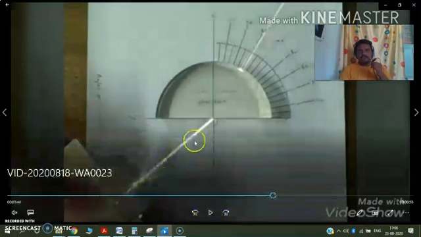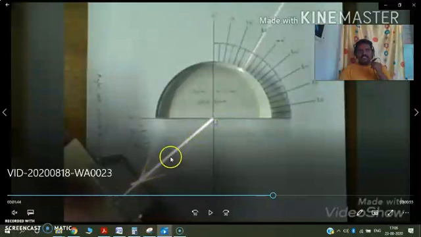Now the angle of incidence is 50 degrees, and the angle of refraction is 30 degrees. Here the angle of incidence is 60 degrees, and the angle of refraction is 50 degrees.